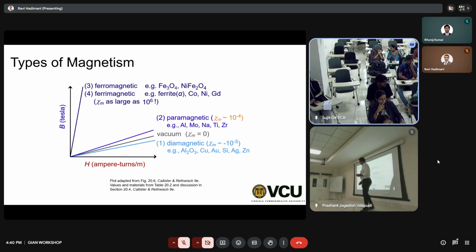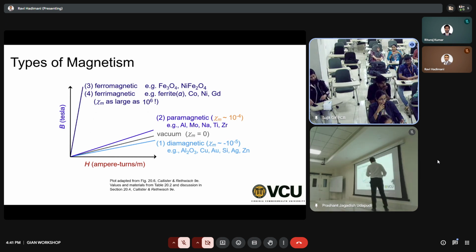Some of the diamagnetic materials are copper, gold, silver, silicon, zinc. Water is also diamagnetic. Do you know the levitating frog? You can put a frog in a very high magnetic field, and it levitates because it is repelled by the magnetic field.